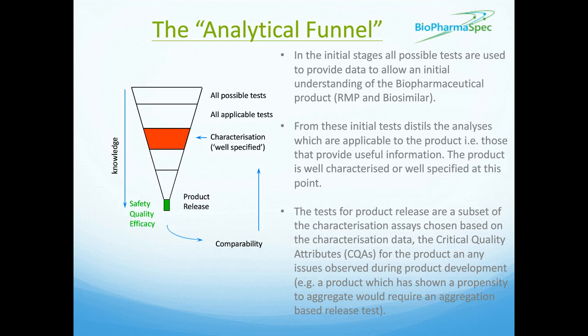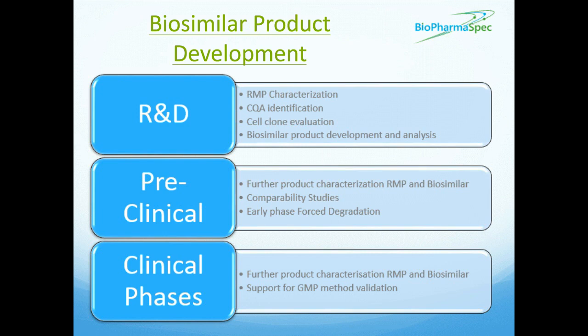So as an overview, where we fit in with regard to the biosimilar product development pathway that we've just described, obviously at the top there you have the R&D, which is to do with the RMP characterization, the CQA identification, help evaluate the cell clones, and talk about the biosimilar product development and the various analyses you can do.